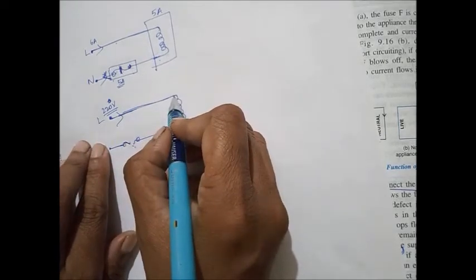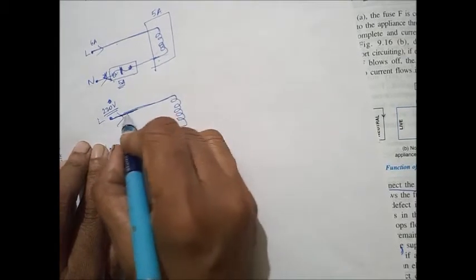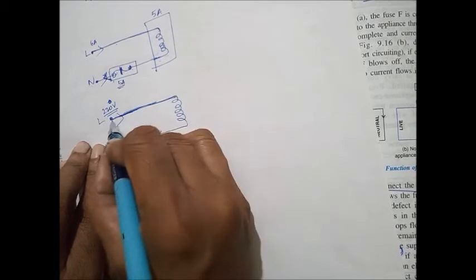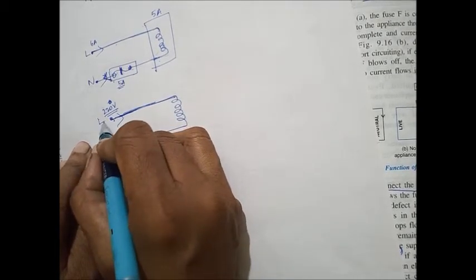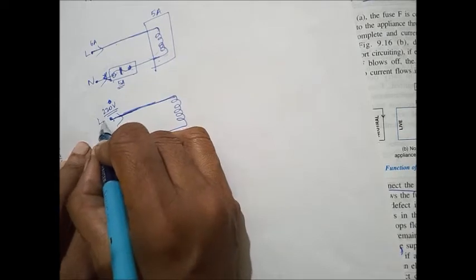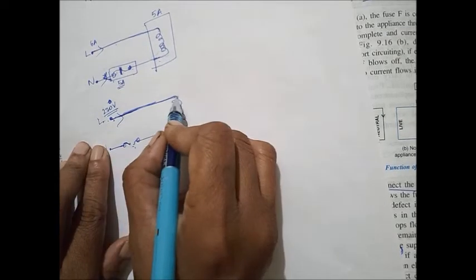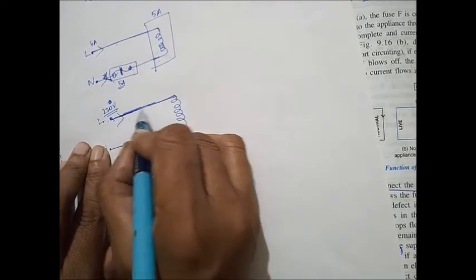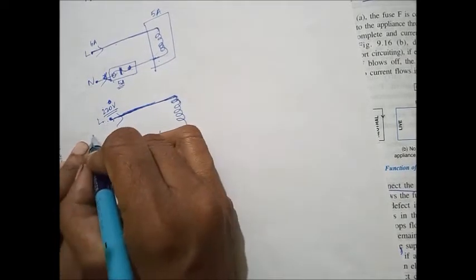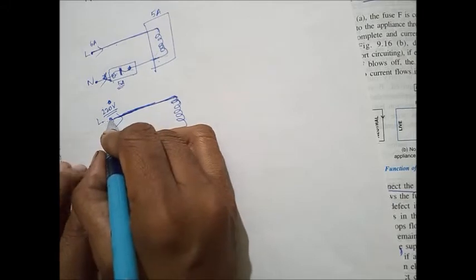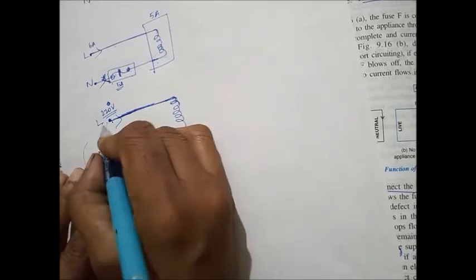Because this live wire is directly connected to the fuse wire, when he is trying to touch this wire and do some repair, he will get a shock and it will be very, very dangerous, because this live wire is still connected to this part. If a man touches it, then the current has a path to flow, it will flow through him and the person will get a shock.